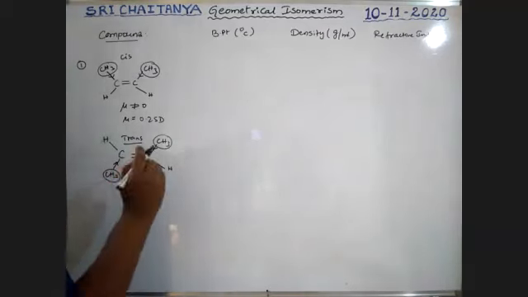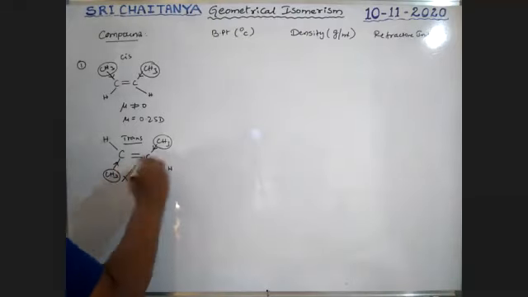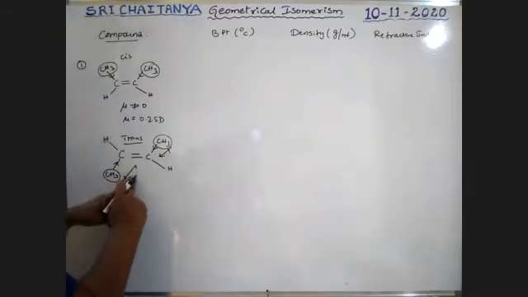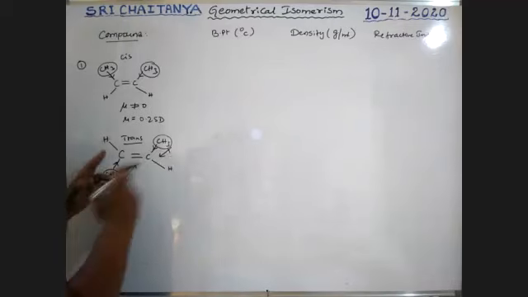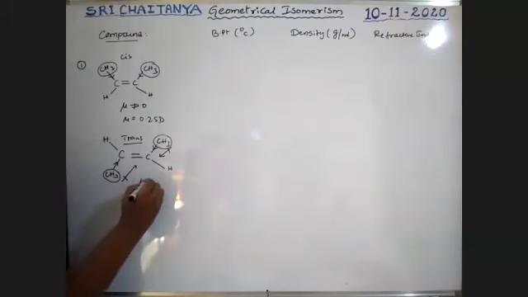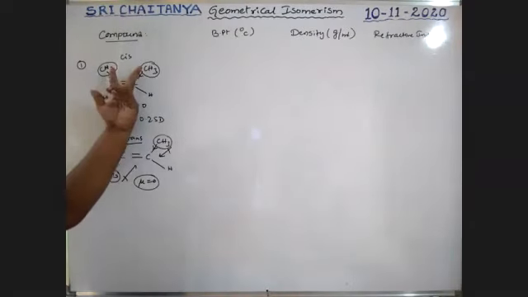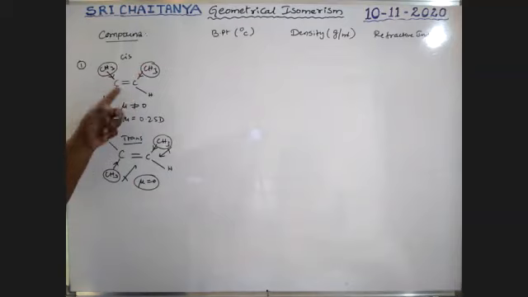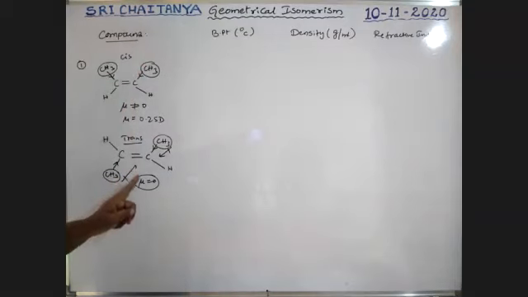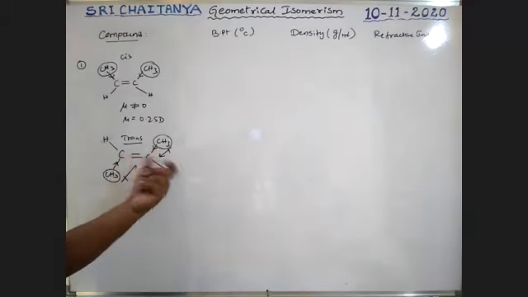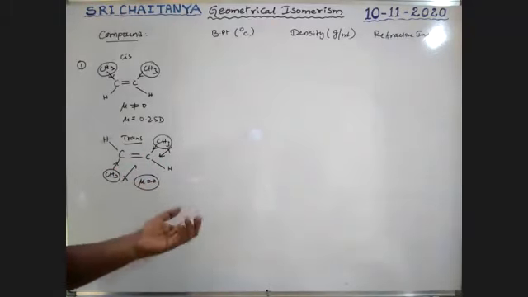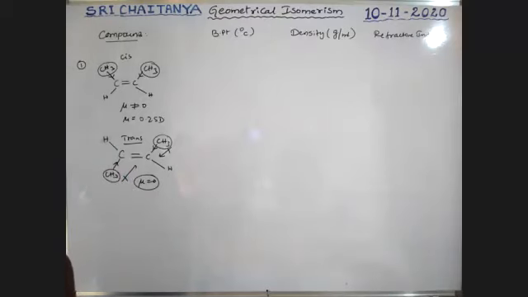That means the dipole moment in this direction is plus mu, and in the other is minus mu, so both are in opposite directions. Therefore mu is equal to 0 in this case. So for a cis compound mu is not equal to 0, for a trans compound mu is equal to 0. If two groups are the same, the trans compound generally has less dipole moment.